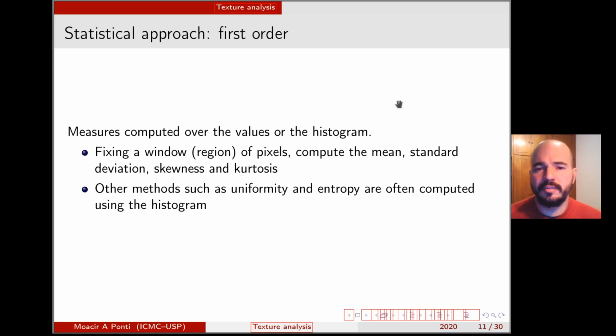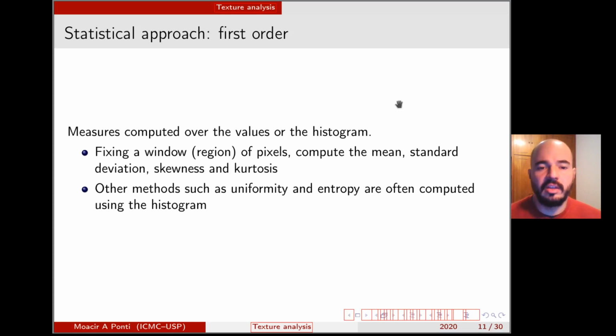And in the case of texture, the most basic approaches use statistical measures. So the first four statistical moments are widely used, such as the mean, the standard deviation, the skewness, and the kurtosis. But also other measures such as the uniformity and the entropy are also widely used.